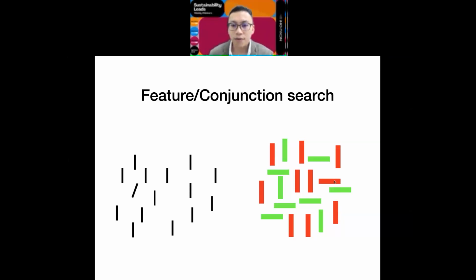Then you have to move your focal attention from one location to another, and finally you can find the target here. So this kind of search is the so-called conjunctive search, and it requires you to use your focal attention to bind the features together. So in this kind of conjunctive search, if you increase the display set size, which means you add more distractors in the display, then the search time will increase.